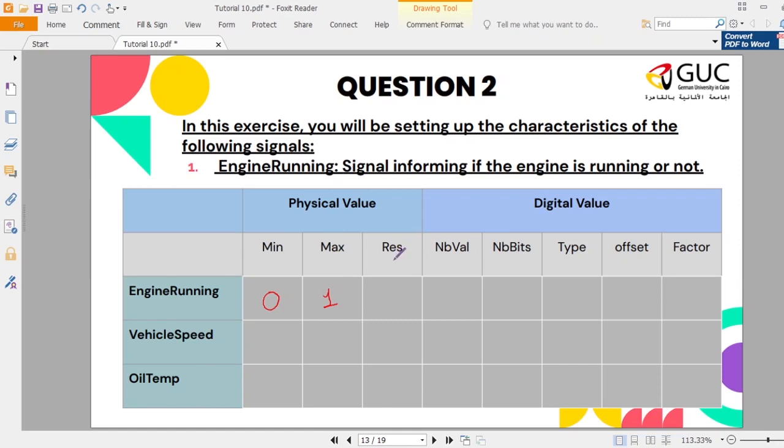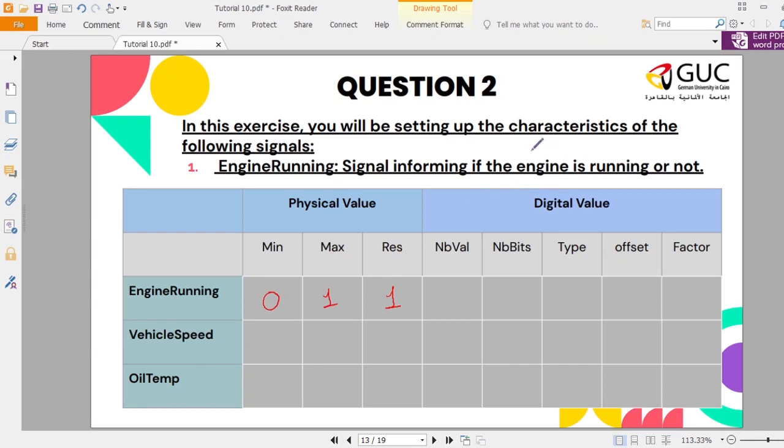We don't have any other values. Do we have resolution here? Yeah, we do have resolution, because we have a step size of either 0 or 1. So our resolution is 1.